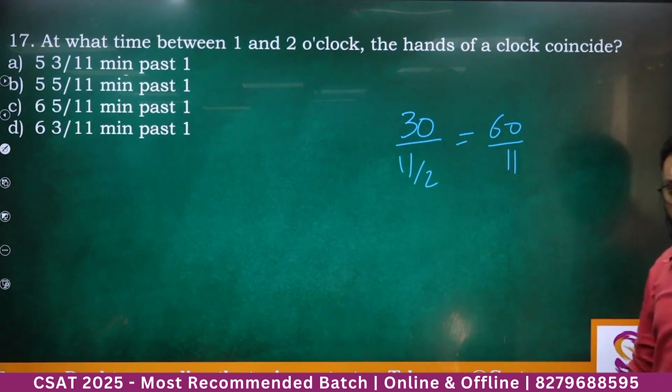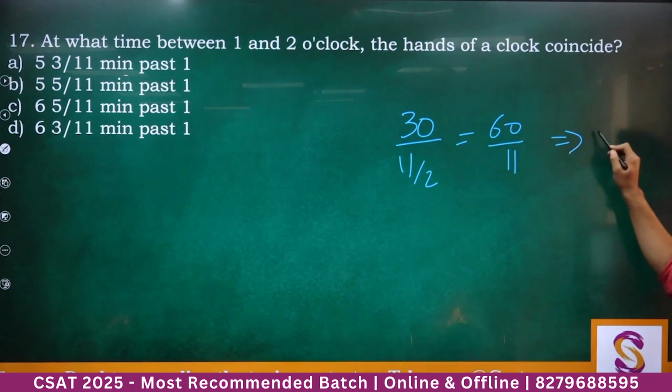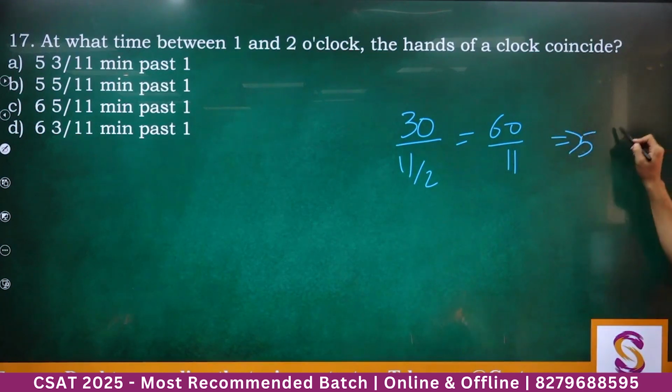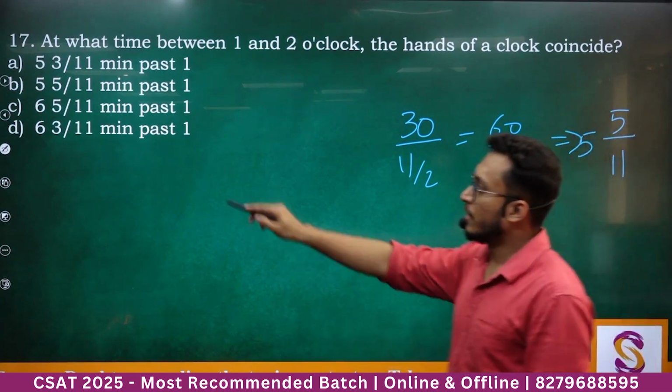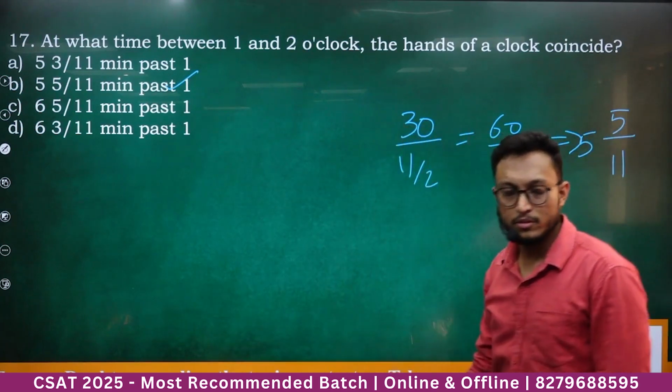Now 60 by 11 can be written as 11 5s are 55 plus 5, 60 upon 11. 5 by 11 minutes past 1.